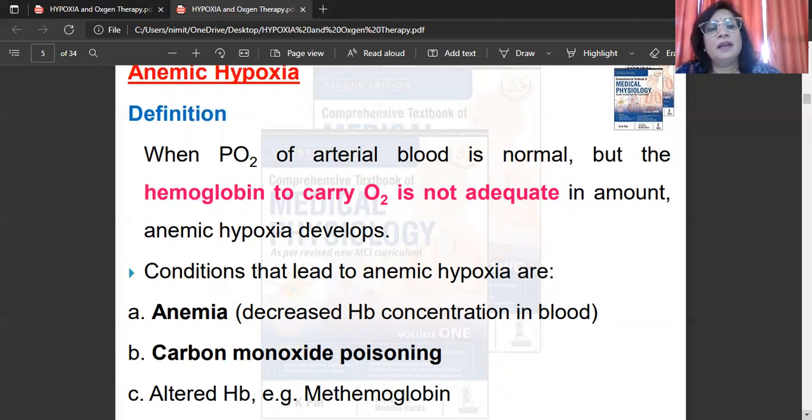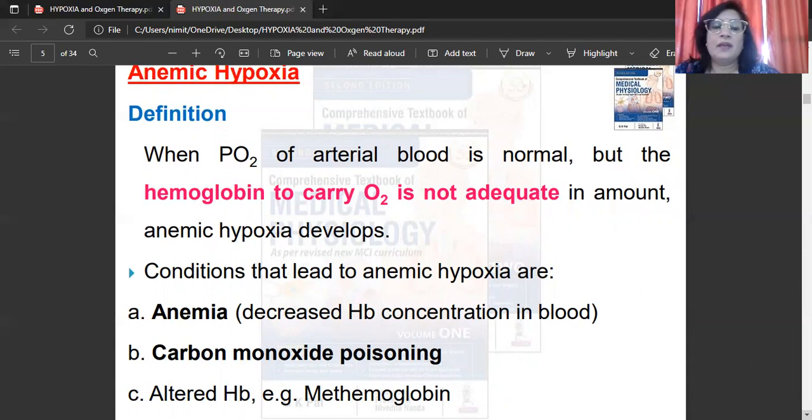Anemic hypoxia means when the PO2 of the arterial blood is normal, mind you, but the hemoglobin to carry oxygen is not adequate in amount.